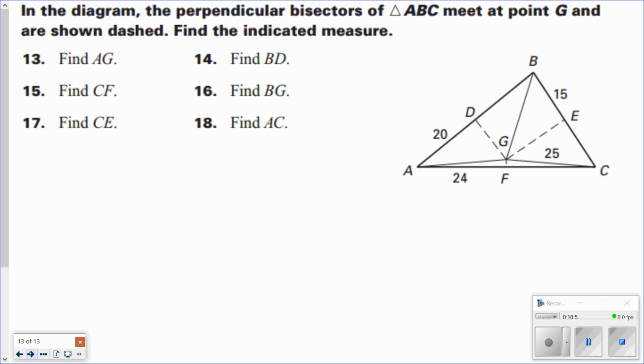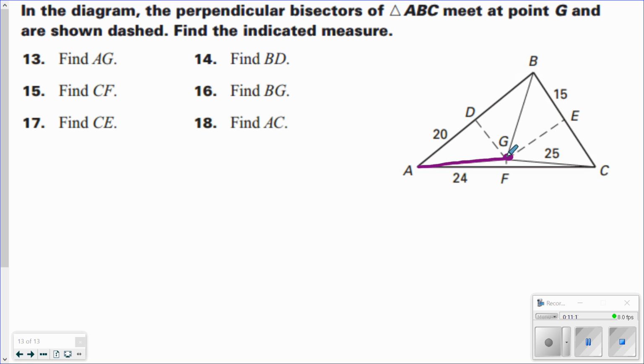And finally, in the diagram, the perpendicular bisectors of triangle ABC meet at point G. So that means G is the circumcenter, and they are shown dashed. Find the indicated measure. All right, so first we want to find AG. So I'm going to highlight AG.